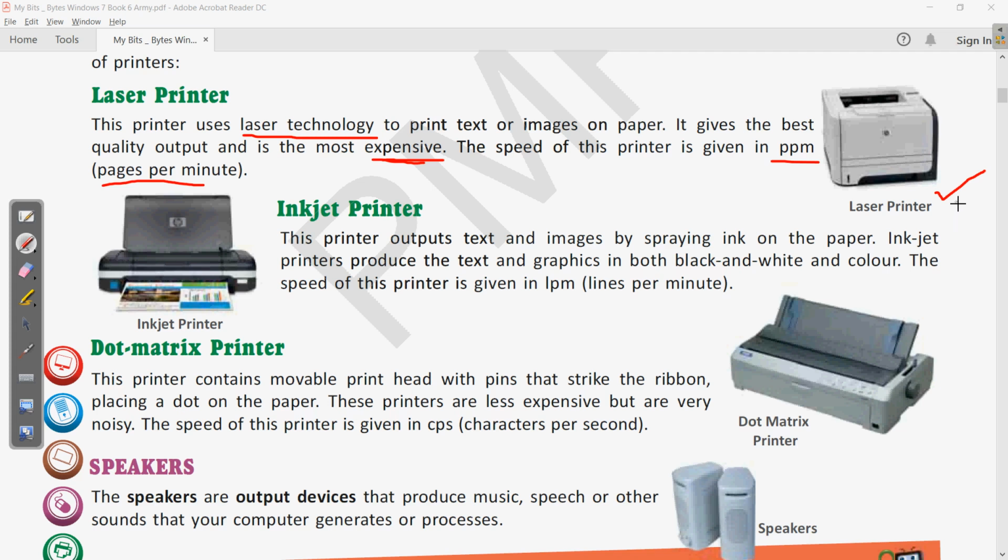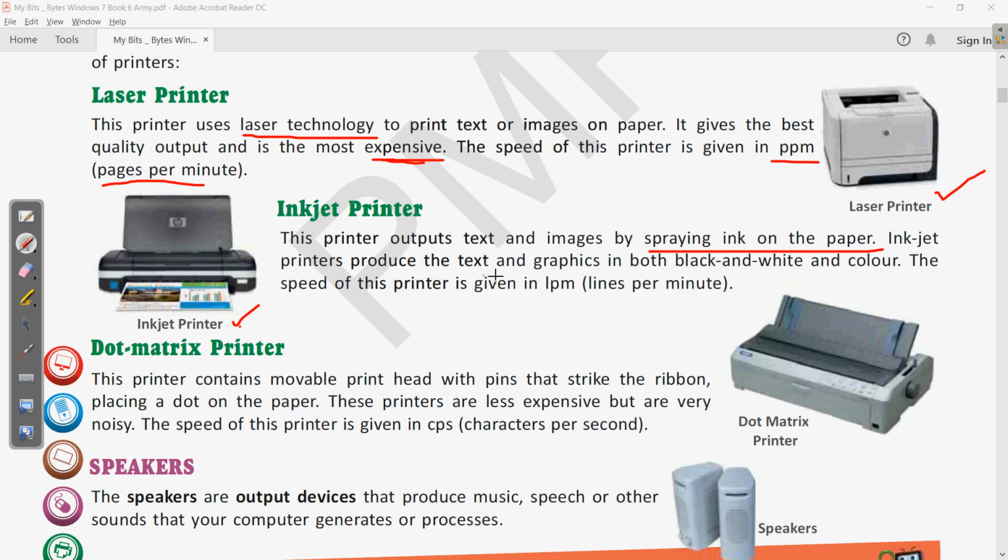Actually they are specifically designed only for printing photographs. So yes, they are also an example of laser printer. Then in the inkjet printer, as we have seen, the output is printed by spraying some ink on the paper. Clear? In inkjet printers, the photograph printers are also of this type.